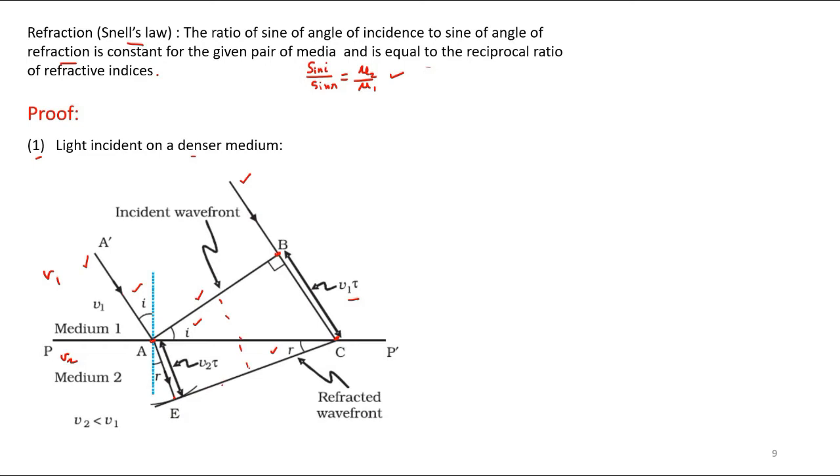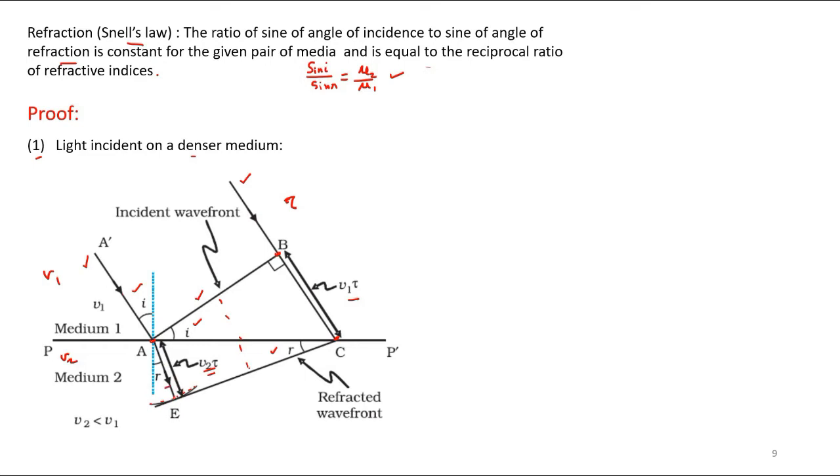We will have to use Huygens principle. Let's say T is the time taken for the wave to go from B to C, and instead of T we can even use tau. Tau is the time taken for the point B to go to C. Now taking A as center, V2 tau as radius, you will have to construct a sphere or circle, sphere in 3D, circle in 2D, but a full circle is not necessary.